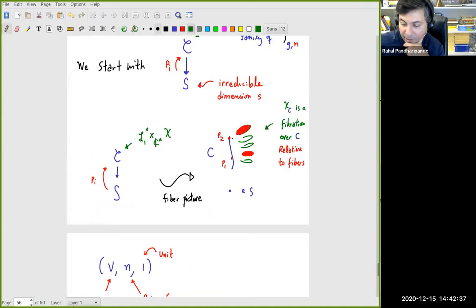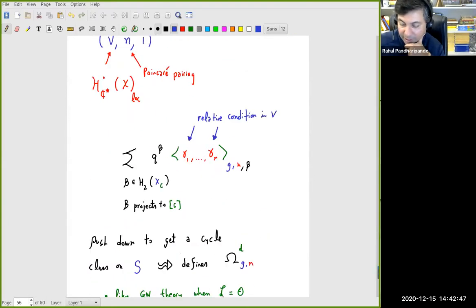I sum over curves here in some class that looks like a section class, but then I have some overall vertical fibers. So I sum over all classes in this twisted space that project to the section. And then I put some parameter to measure their size. And then I put the relative conditions in.